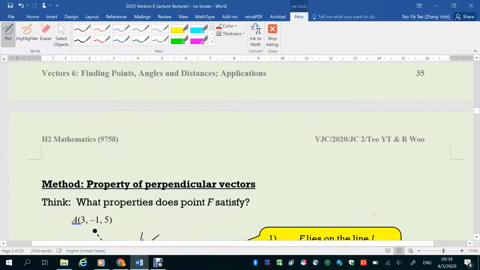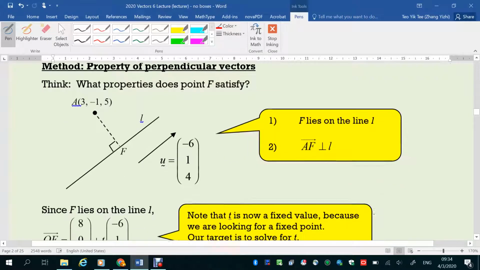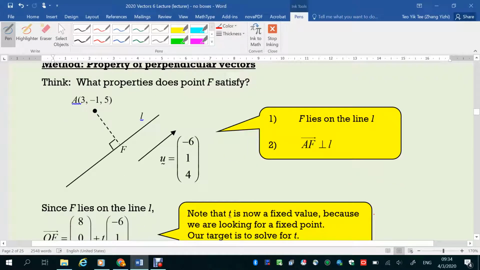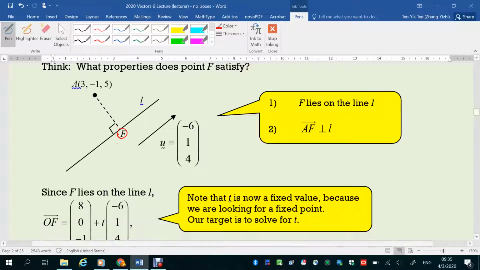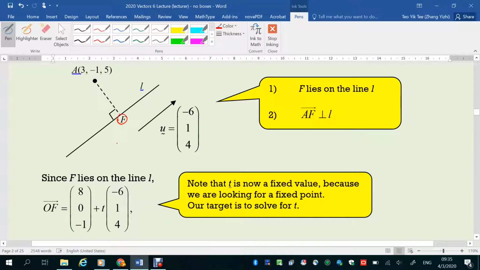There's another method, where you use your line concept. F is the foot of perpendicular, and F is on the line L. So I can say that OF will have the same equation as your line L. The only difference is that this time T takes a specific value.